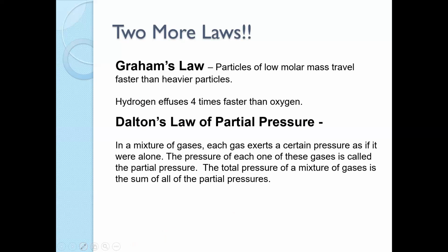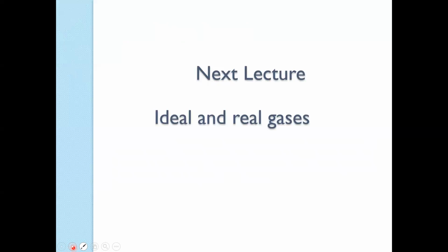The pressure of each of these gases is called the partial pressure, and the total pressure of a mixture of gases is the sum of all the partial pressures. So the total pressure equals the pressure of gas A plus the pressure of gas B plus the pressure of gas C. Finally, we will give some extra information about the ideal gas and the difference between the ideal gas and the real gas in the next lecture.